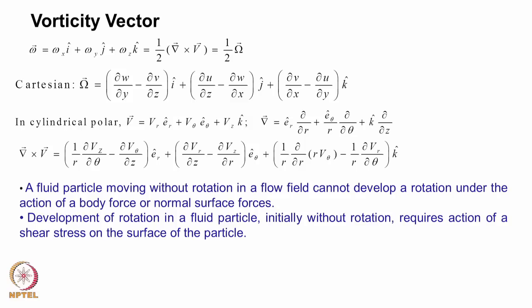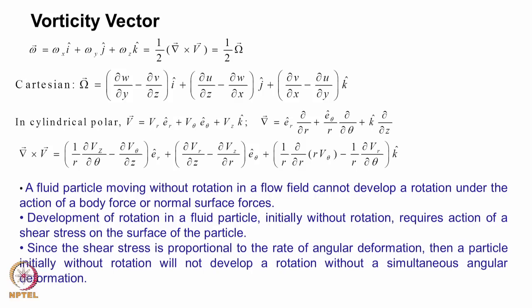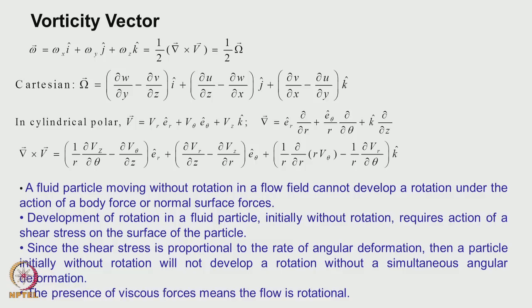If the rotation or vorticity is 0, that is del cross V is 0, such a flow is called irrotational flow. Since the shear stress is proportional to the rate of angular deformation, a particle without initial rotation will not develop rotation without any simultaneous angular deformation. So, for a fluid to have rotation, the viscous force, which actually results in the form of a shear stress, is responsible for rotation.